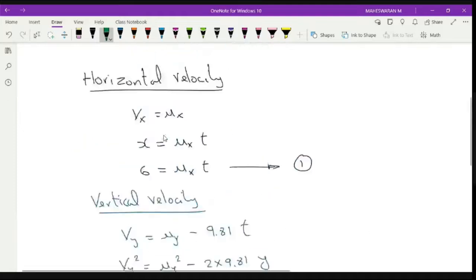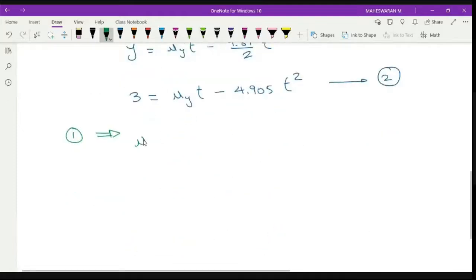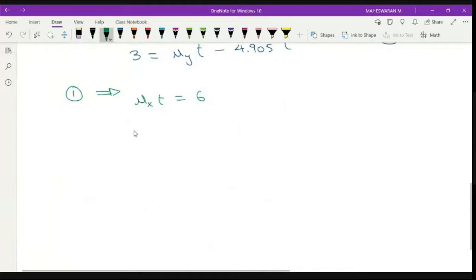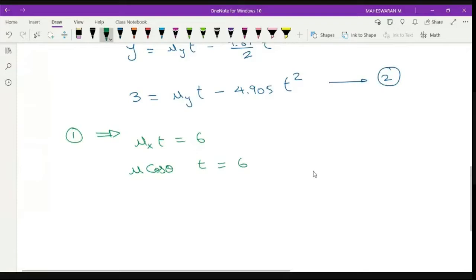Equation 1 is u_x t is equal to 6. What is u_x? Let me substitute that: u cos theta. So u cos theta t is equal to 6, which means I am getting the t value.